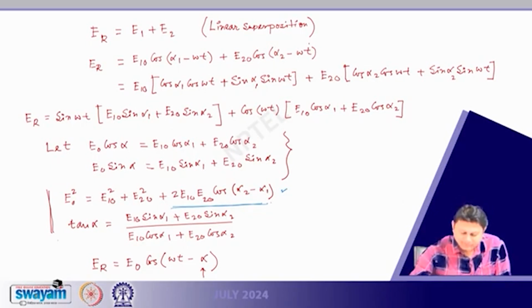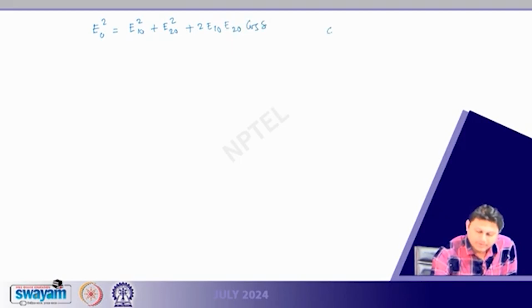If I write delta as alpha 2 minus alpha 1, that is the phase mismatch between these two waves, the relative phase difference, then the resultant amplitude I can write as E0 square is equal to E10 square plus E20 square plus 2 E10 E20 cos of delta, where delta is alpha 2 minus alpha 1.